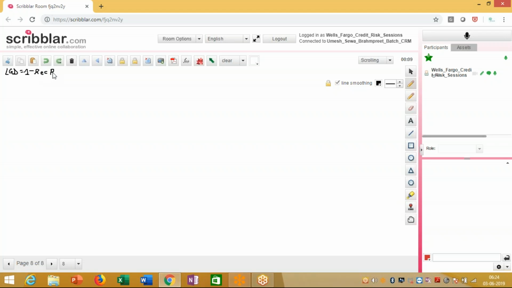So whatever cannot be recovered, or the percentage of the total exposure which is not recovered, is just loss given default. So this is one definition which we saw in the last class. Right? And the second thing that we talked about is that LGD is a bimodal distribution.